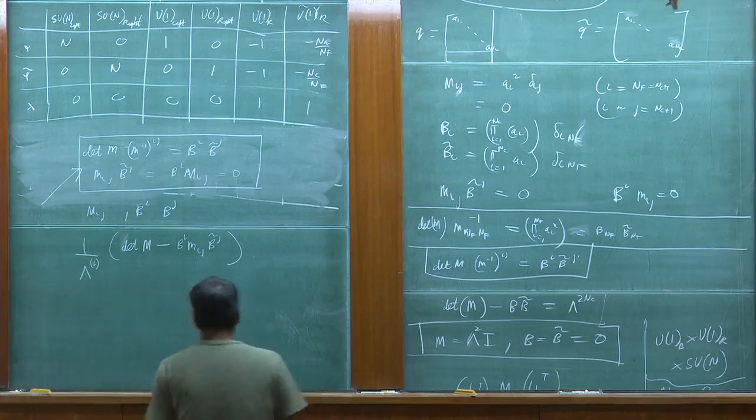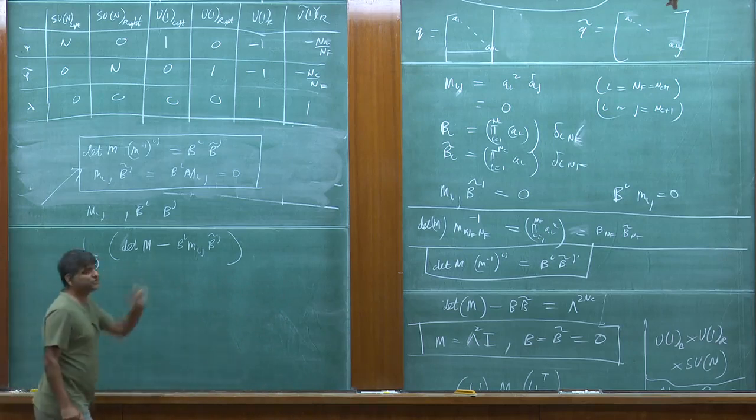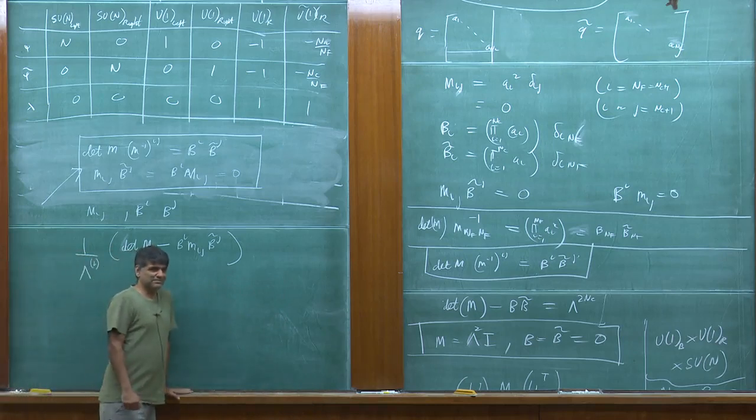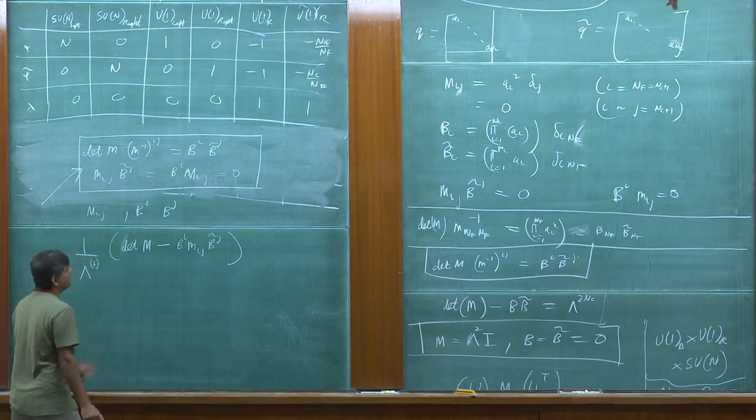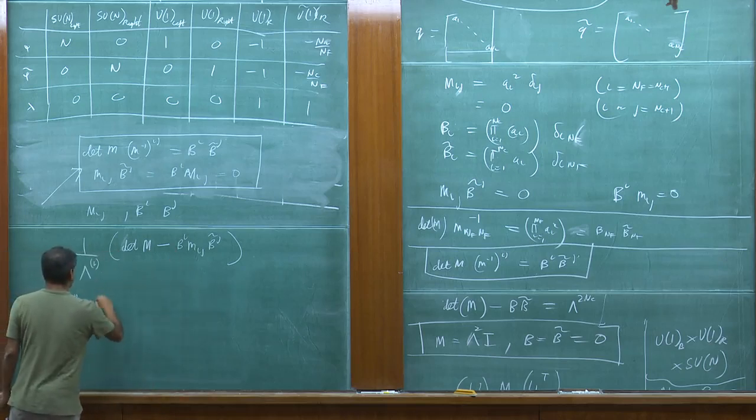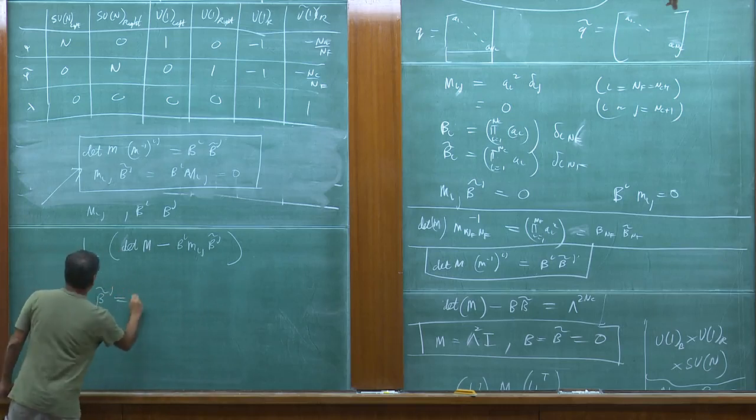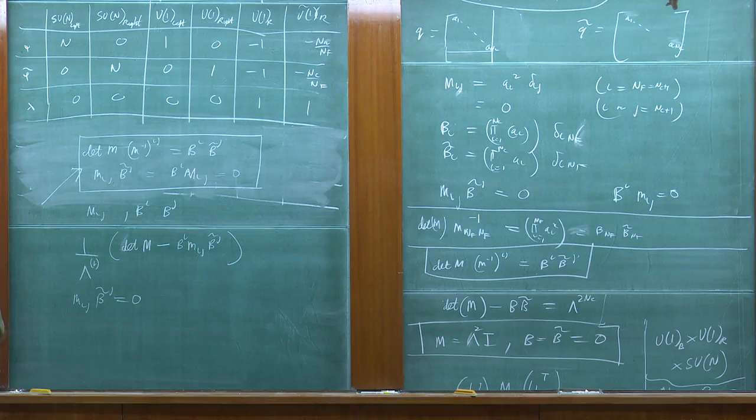Okay? To get some sense for where it comes from, let's compute the F-term equations from the superpotential. Let's compute the F-term equation from B. We get M_ij B tilde j is equal to 0. Right?